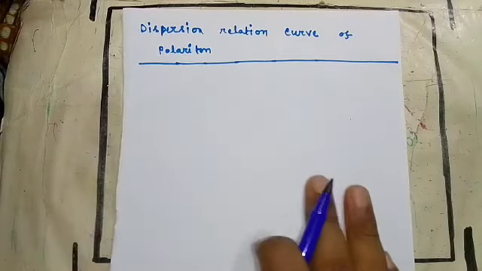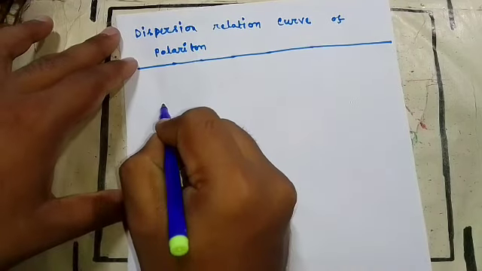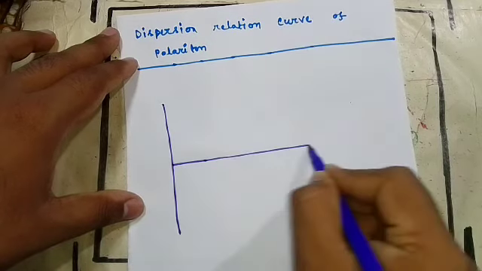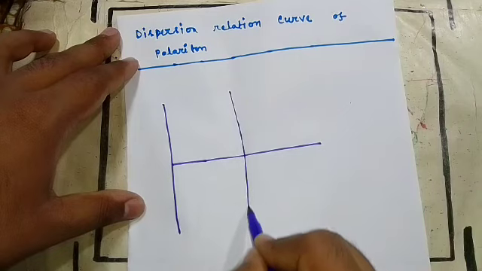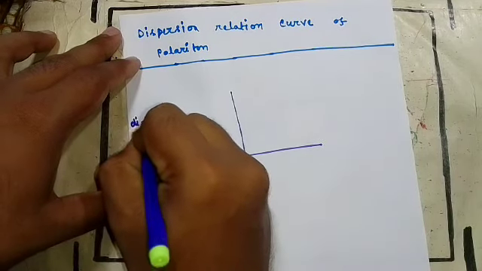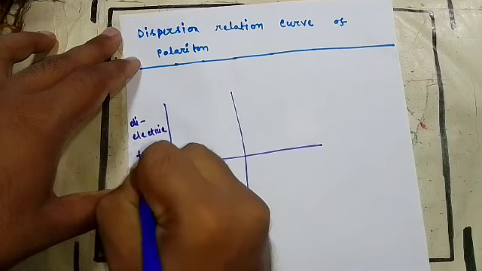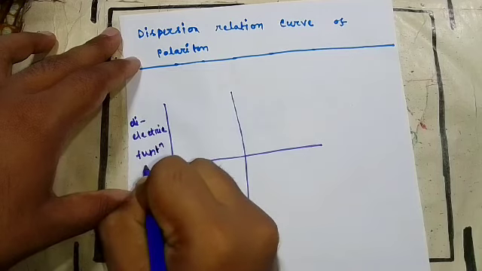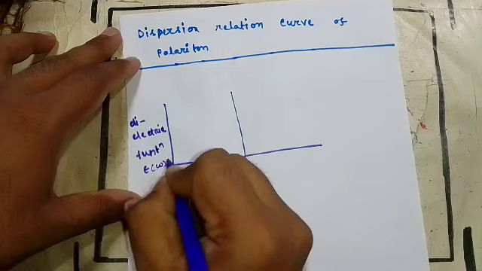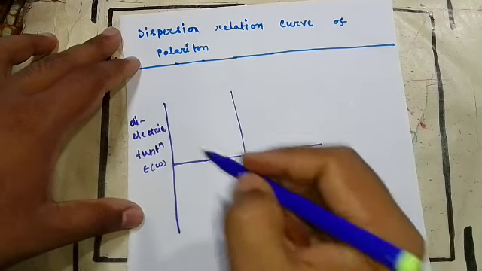Our next topic is the dispersion relation curve of polariton. Suppose this is the dielectric function, and we know the dielectric function is given by epsilon of omega.